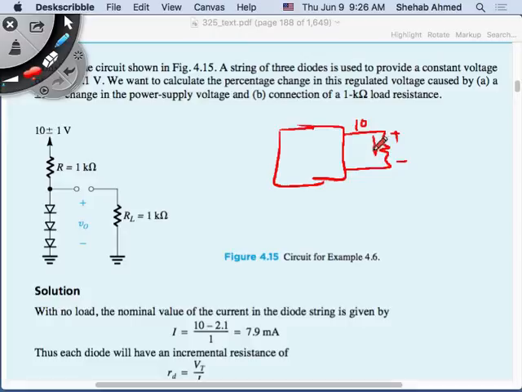If the current changes and your source here has an internal resistance, then there will be a variable voltage drop across this resistor if the current changes, right? So that's why we want this in an amplifier. We want this to be 0, because otherwise it's going to be very difficult to regulate this to 10 volts. You will have to be changing the input voltage all the time, your source voltage all the time, right?